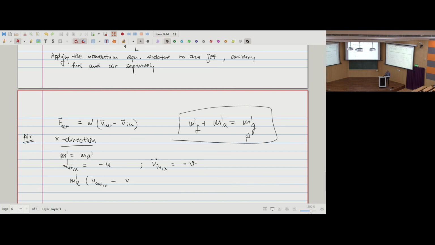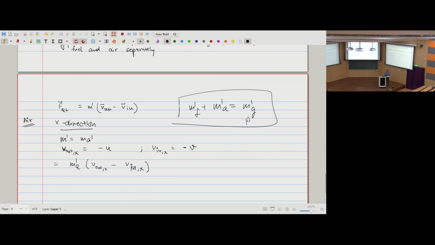This is not a vector. This is the magnitude in x direction. This is one contribution towards the force. So we will call this F_x air.